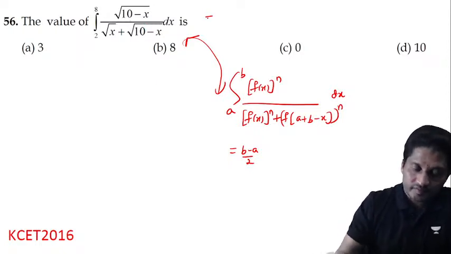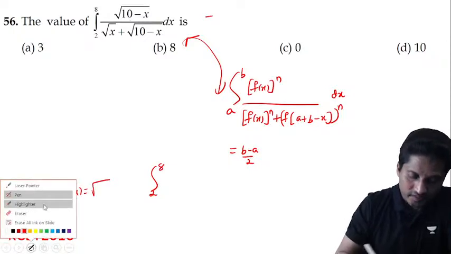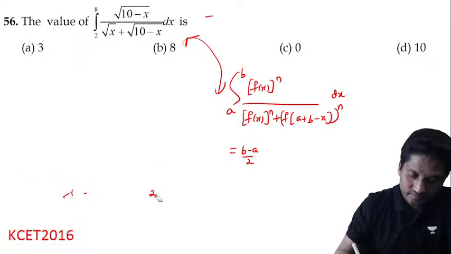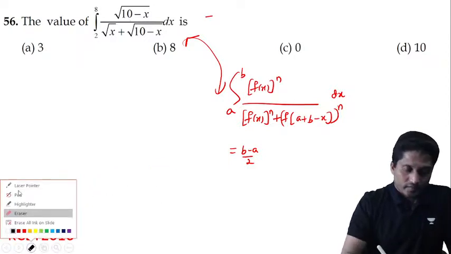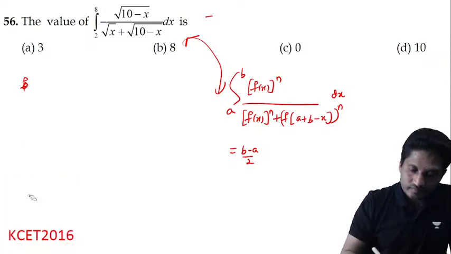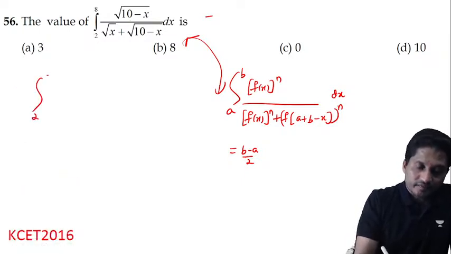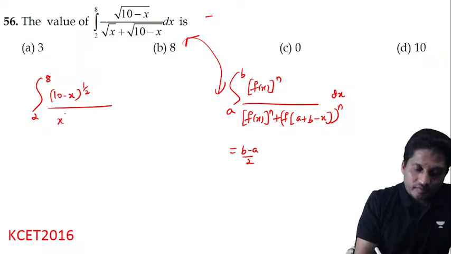If this is 2 to 8, that is f of x is equal to root of 10 minus x. This integration can be written as integration of 2 to 8, 10 minus x whole power half divided by 10 minus x whole power half plus 10 minus x whole power half, then dx.